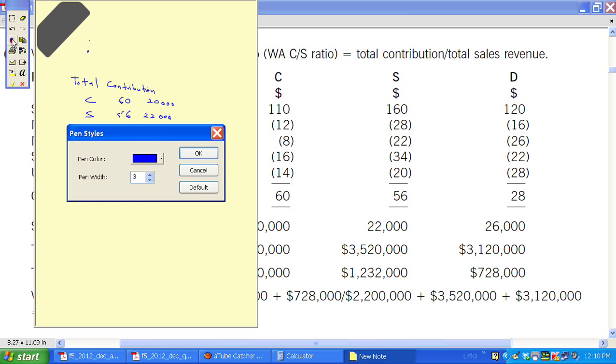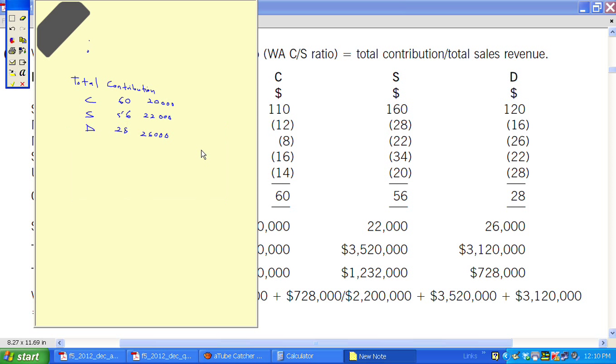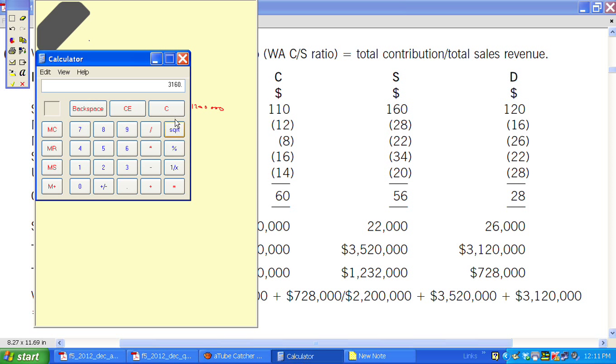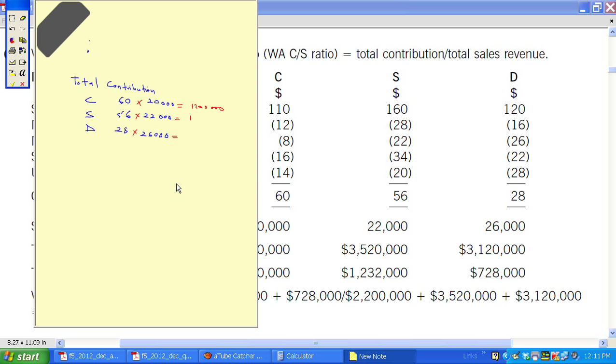So when you multiply, 60 by 20,000 gives 1,200,000. Then 56 by 22,000 gives 1,232,000.